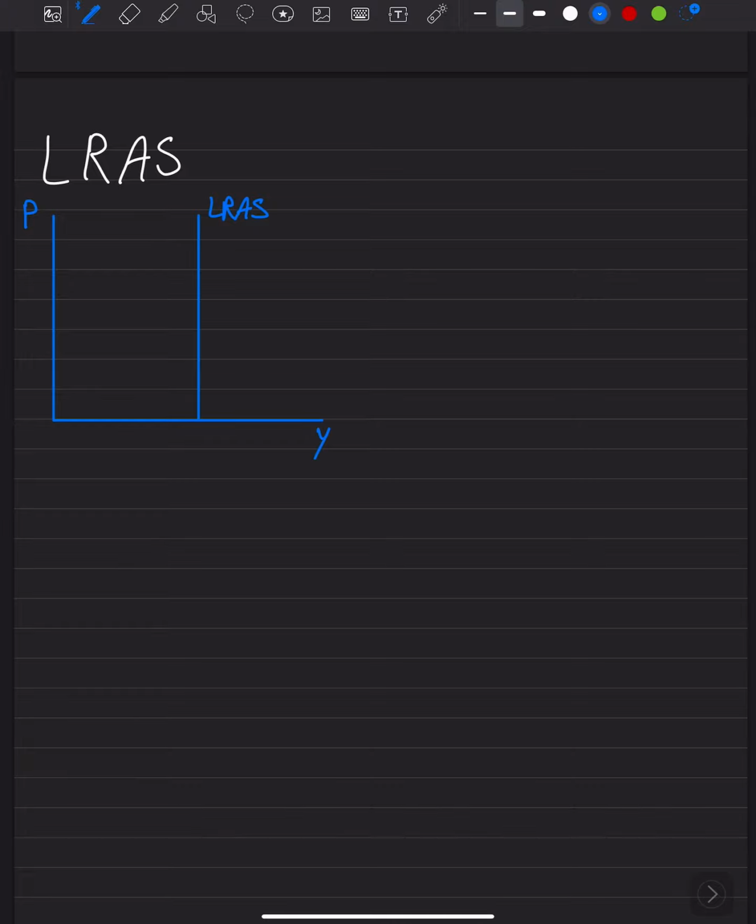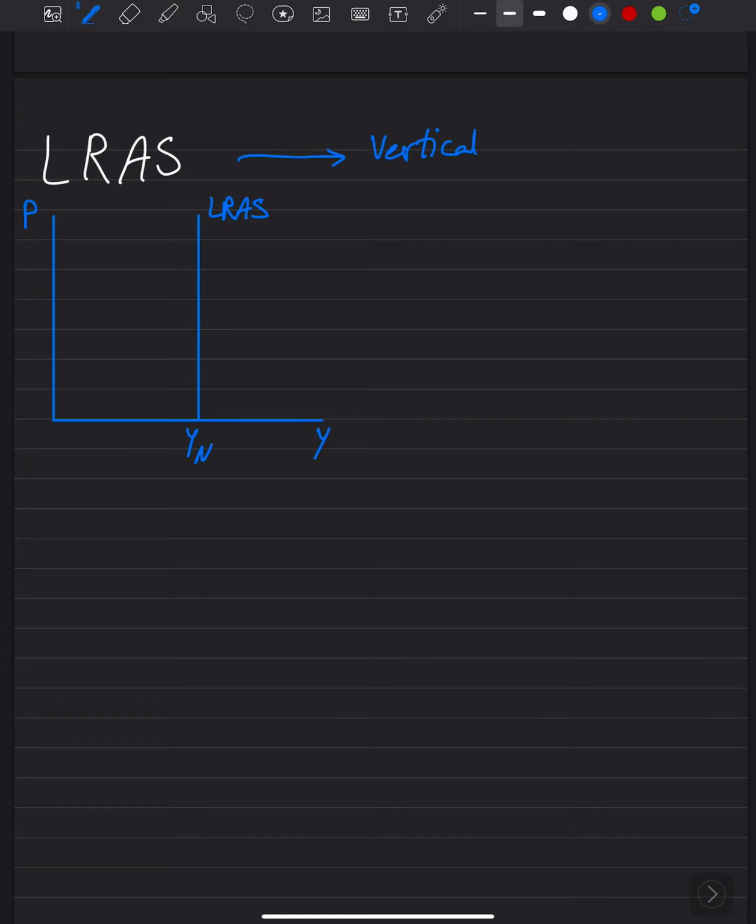Okay, so long run aggregate supply is vertical, but it doesn't mean that we're going to have exactly the same amount of the production all the time. This could also change. As I said, it depends on the resources that we have, the workers, the equipment, the natural resources, all of those.